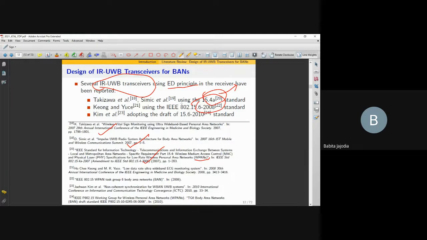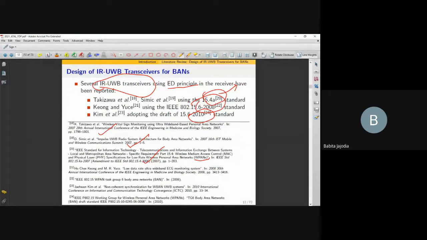Then, based on various researchers, another second draft was prepared in 2010, and the team also tried to design IR-UWB using the draft prepared for 15.6 in 2010.